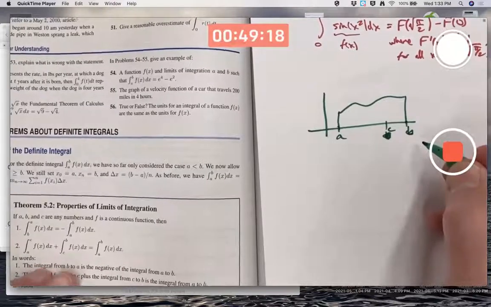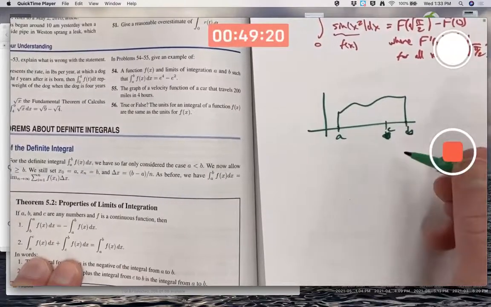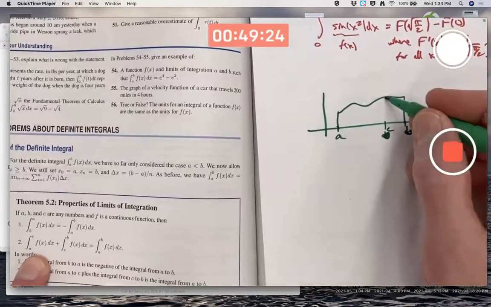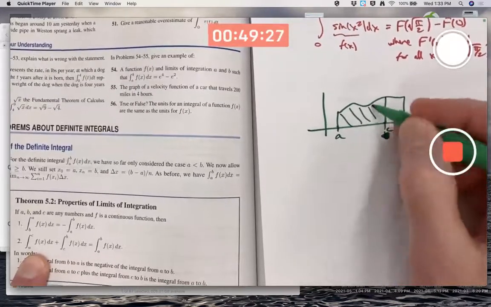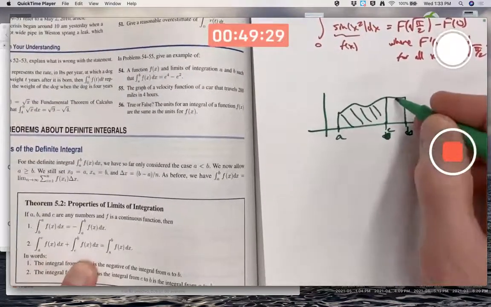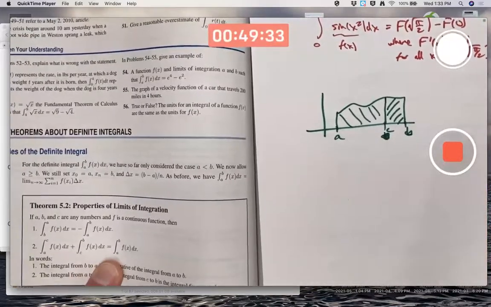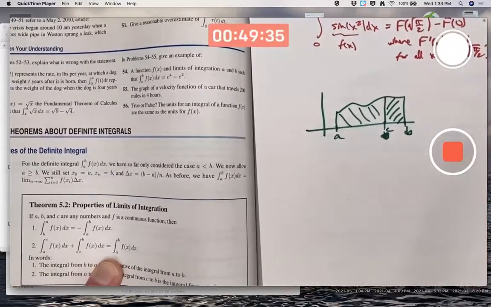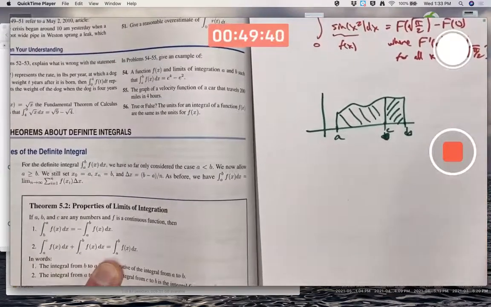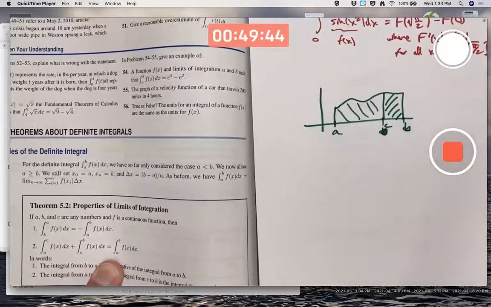And the fact that it equals the sum of these two integrals means you can break that area up into two pieces. The area under the graph from A to C, this piece right here, plus the area under the graph from C to B, this piece right here, equals the total area under the graph, is what this says. Though this property actually works even if the graph goes below the axis, and even if the integrals are negative, it still works.